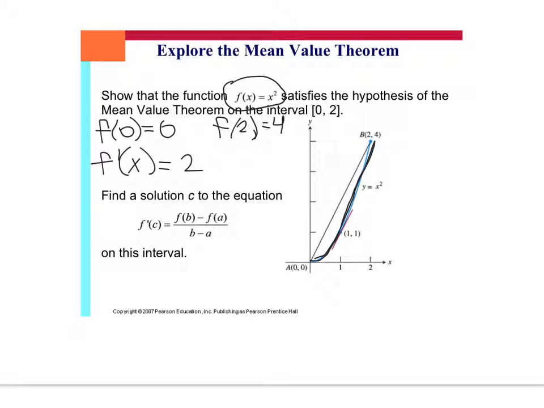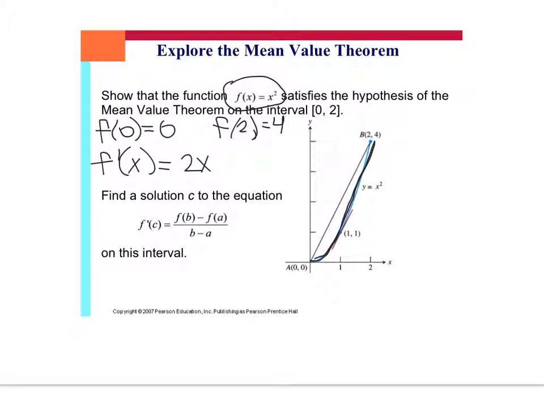Now we have to find a solution c to the equation f of b minus f of a, all over b minus a. I want to know, is there a point on this graph where the derivative is equal to the average rate of change? What is the derivative? I made a mistake: the derivative of x squared is 2x, not 2, which is a line, and still continuous.